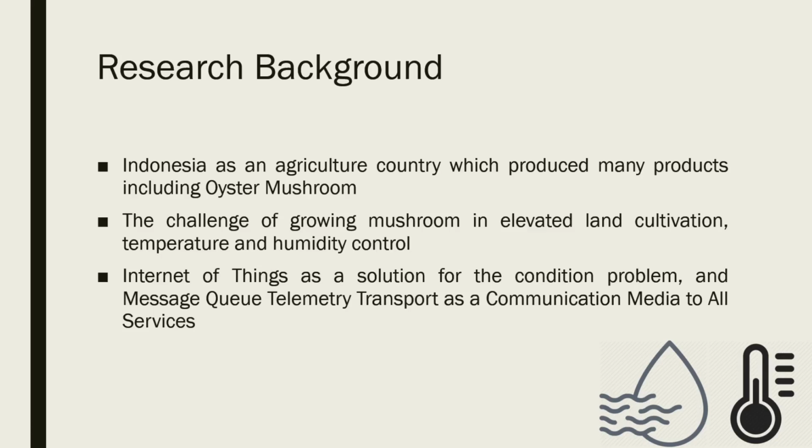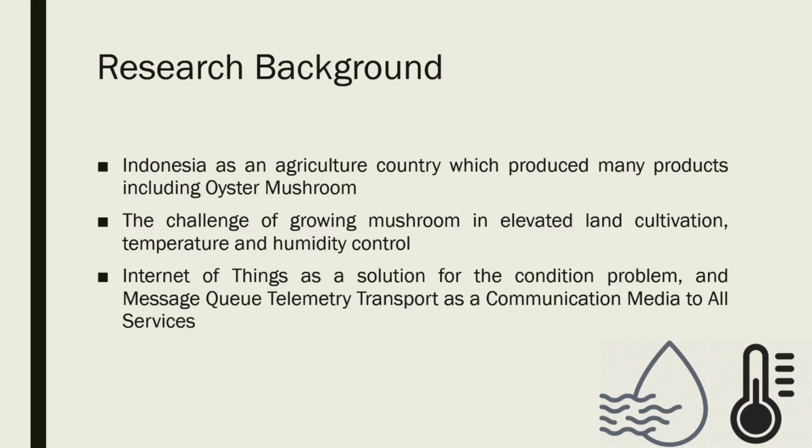The farmer must water the mushroom to keep the humidity, and use a fan to blow out the heat inside the cultivation, and this becomes a problem when the farmer has a wide area of cultivation.